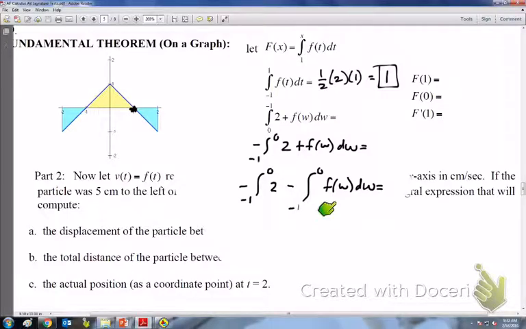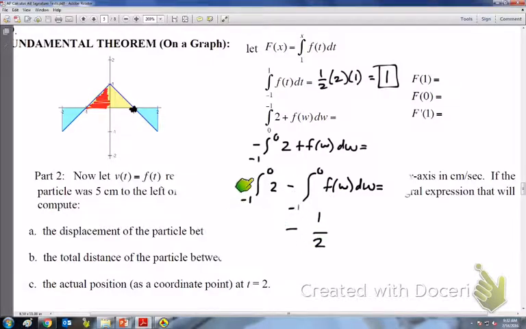Let's do this one first because this is from the graph. The integral from negative 1 to 0, that's this area right here. The area there has a base of 1 and a height of 1, so 1/2 times 1 times 1, since it's a triangle, would be 1/2. So I have minus 1/2, because the integral from negative 1 to 0 of f of w dw is 1/2.